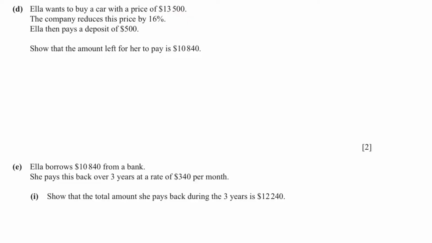Or there's another way. The car is reduced by 16%. So 100 minus 16 is how much? 84%. This is the amount the car is for now. 84% of the original.